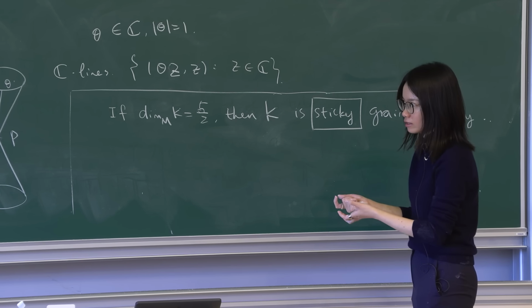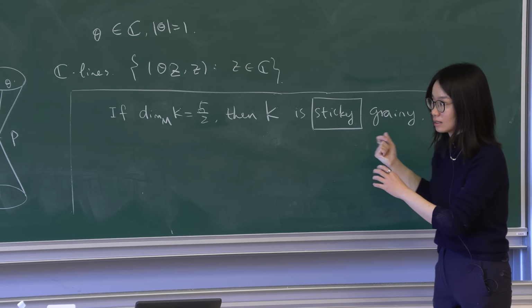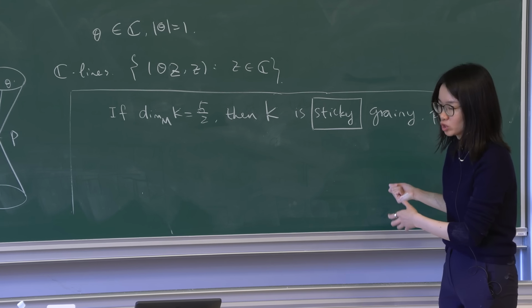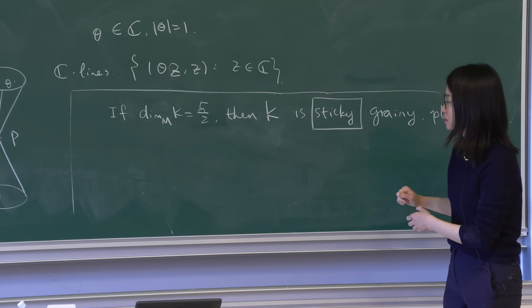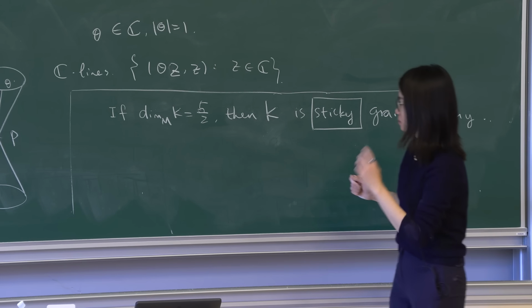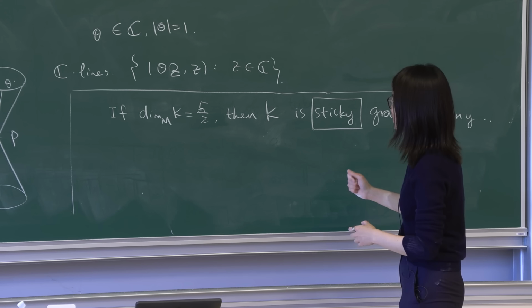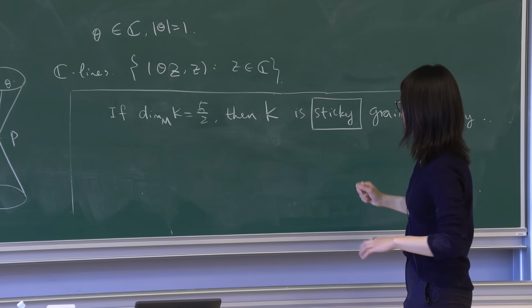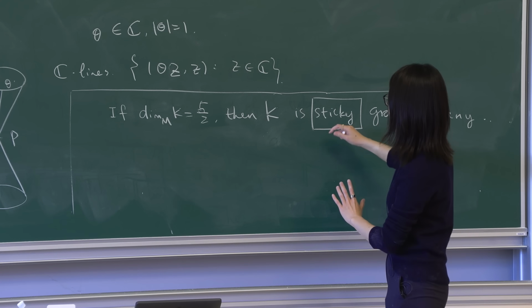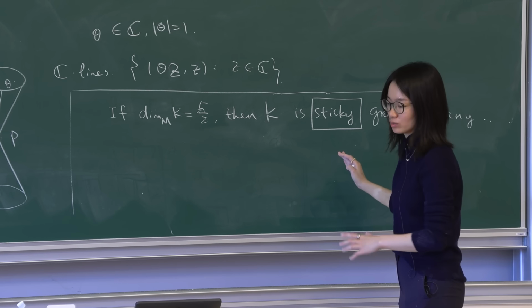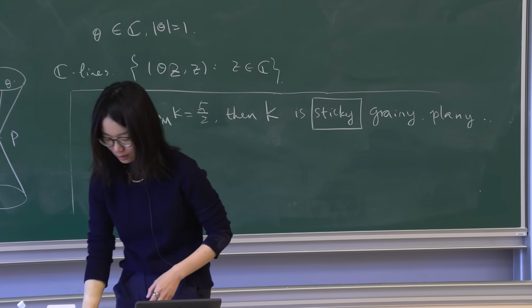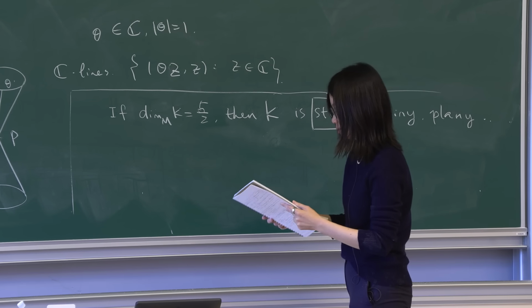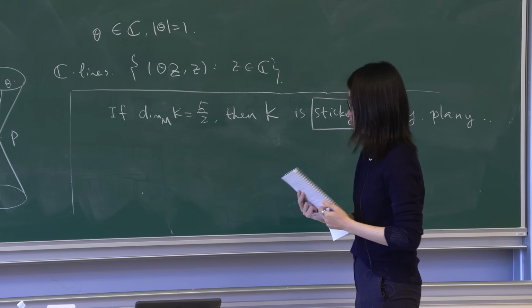In fact, we discovered that the idea of sticky sets is present in a much larger class of problems in projection theory, in geometric measure theory. I'm happy to talk about it after the class. I hope this gives some motivation to study the sticky case, and I'm going to define what the sticky case is in our setting.